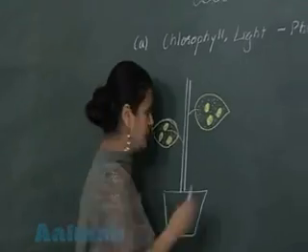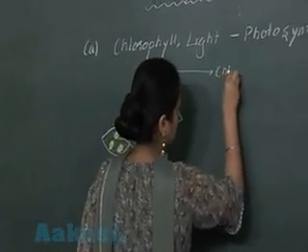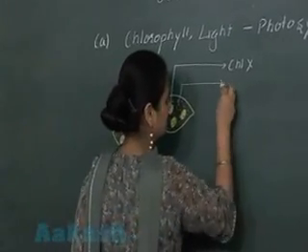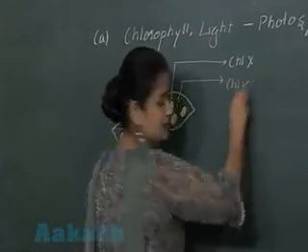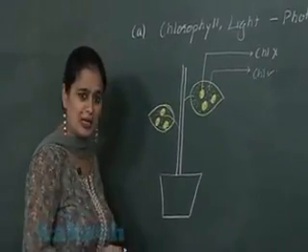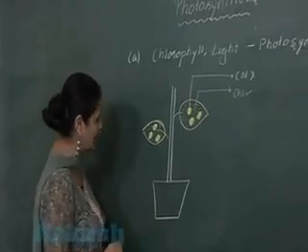So yellow part, you know that in this part the photosynthetic pigment, that is chlorophyll, is absent, and in this green part chlorophyll is present. अब ये जो लीफ यहाँ पर प्लांट के ऊपर प्रेजेंट है, हमने कुछ लीव्स को कवर कर देना है with the help of a black paper.